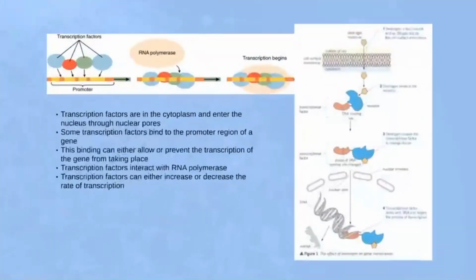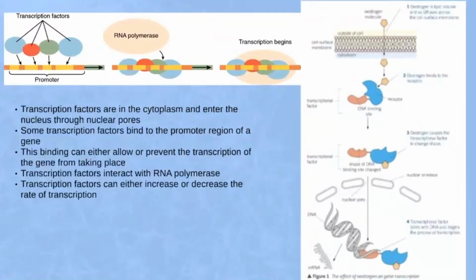The binding of these transcription factors allows the RNA polymerase to bind and start the transcription. Without these transcription factors, the RNA polymerase can't do its job. The important thing to remember here is that the transcription factors bind upstream of the gene that's being transcribed, and they bind to an area called a promoter.